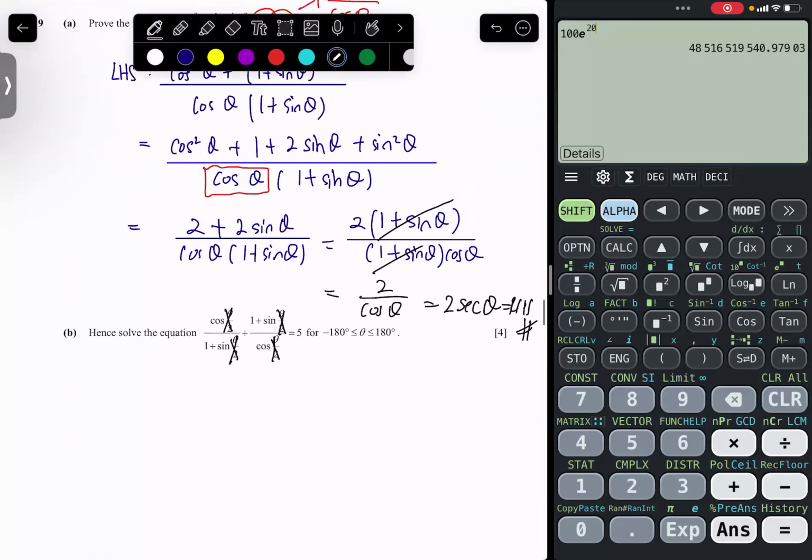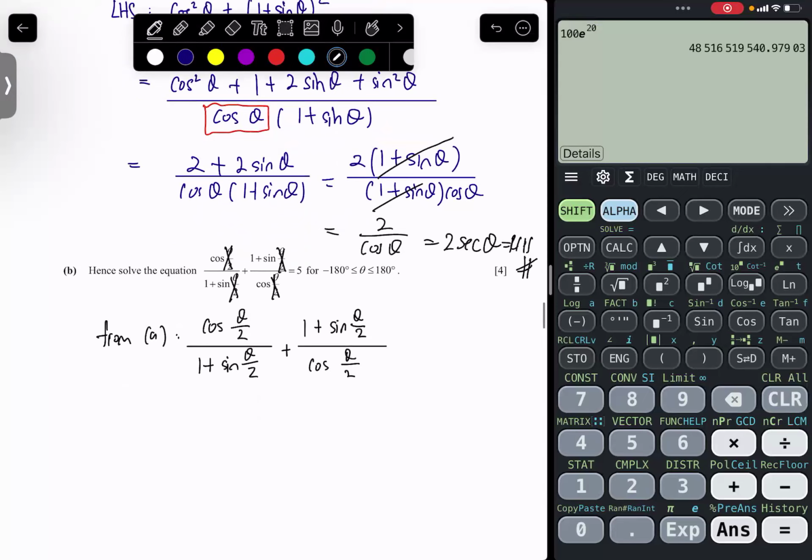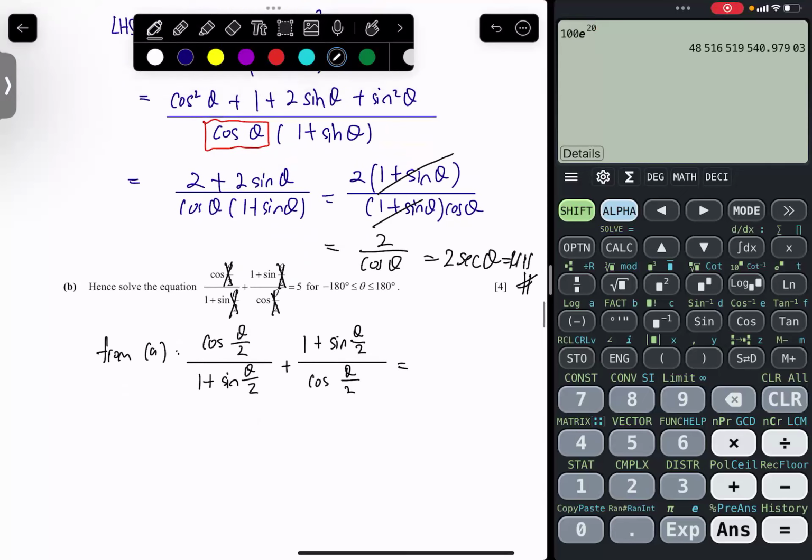From A, we can see cos theta over 2, so let's just entertain them and write down the equation first: cos theta over 2 over 1 plus sine theta over 2, plus 1 plus sine theta over 2 over cos theta over 2, equals 2 secant theta over 2.